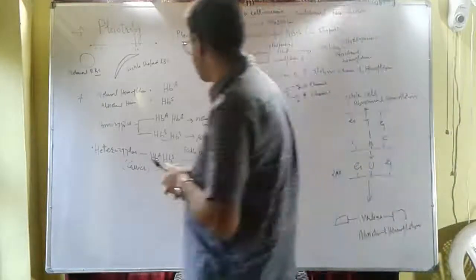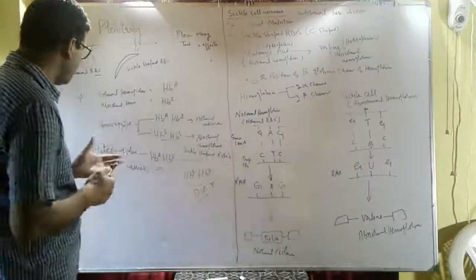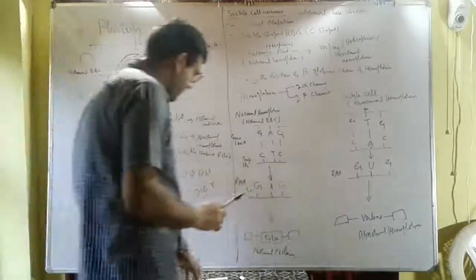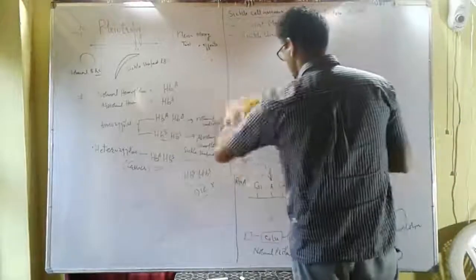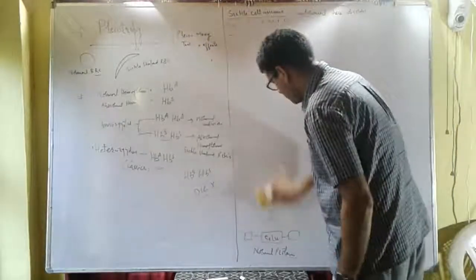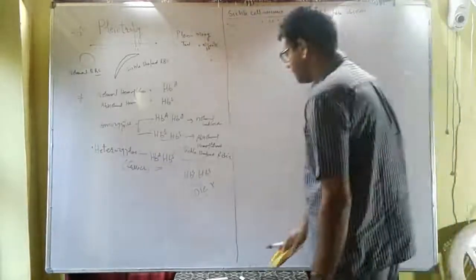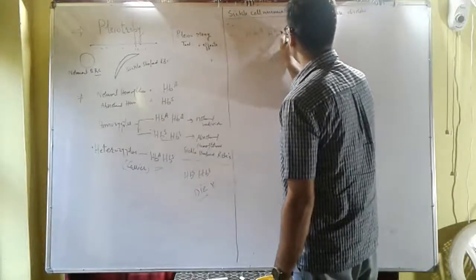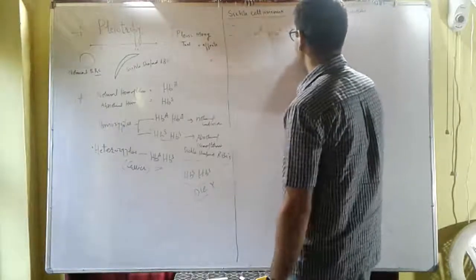Then we have this. If we marry two heterozygotes, what will be the result? We have HBA, HBS, and these are heterozygous individuals, carriers for the sickle cell allele.